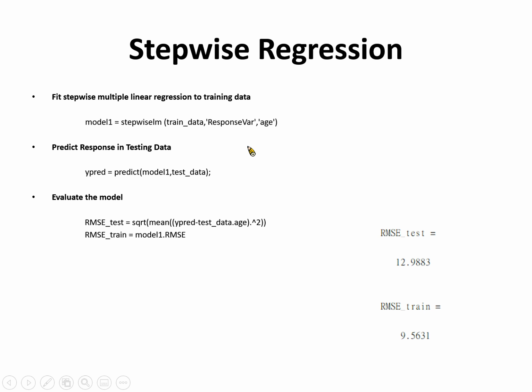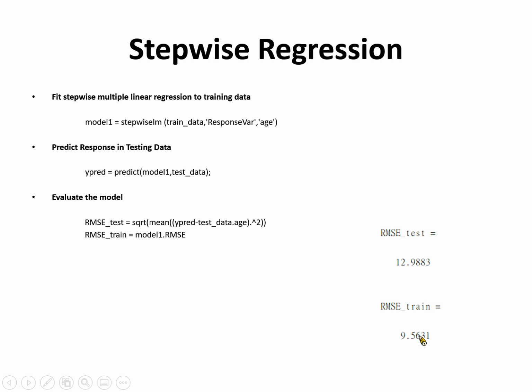The arguments are very similar to fitlm. You put the response variable as age and give the input using the train data variable. Then you derive a stepwise model. You can also use this stepwise model with the test data to predict age using the test brain volumes. Then we can evaluate this stepwise model.